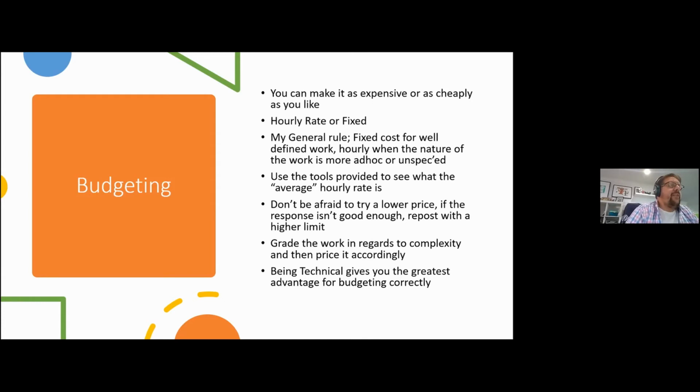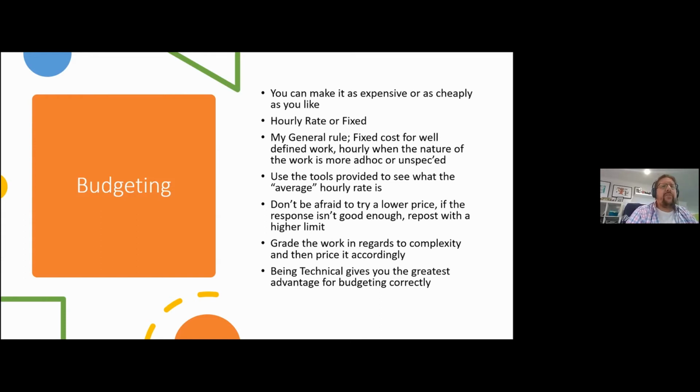Now, generally there are two models, hourly rates and fixed. Pretty straightforward. My general rule is fixed cost for work that's well-defined, hourly when it's more ad hoc or unspecced. That's sort of the model that's worked fairly well for me.